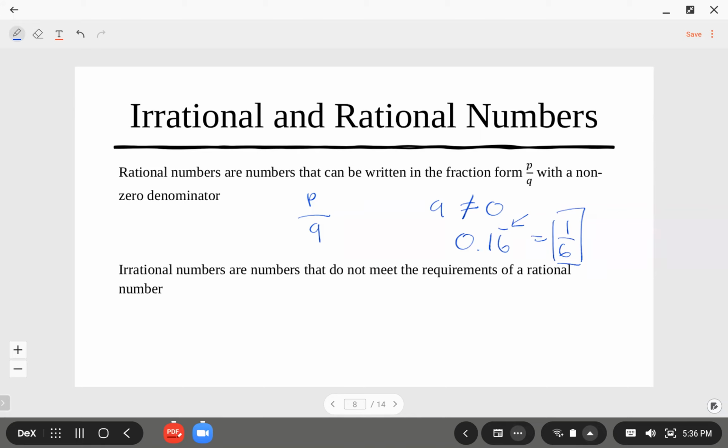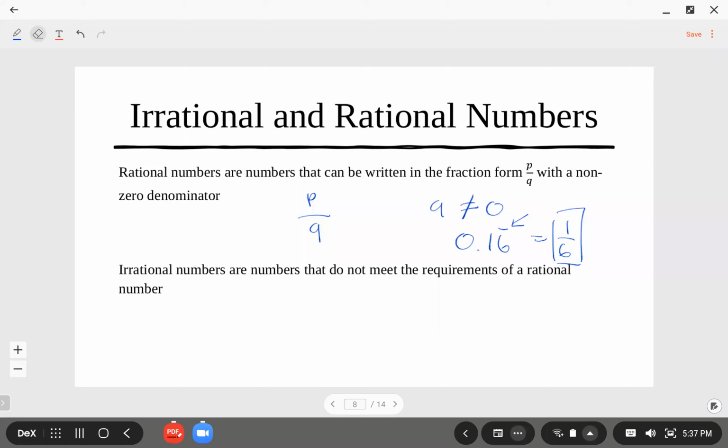Now, let's look at this. You might ask, are all repeating decimals that have a specific pattern like this rational numbers? The answer to that is yes, okay? So all decimals that are repeating, not like pi.